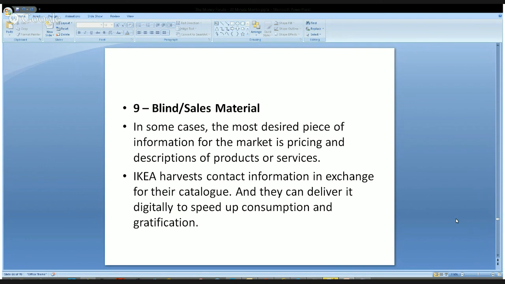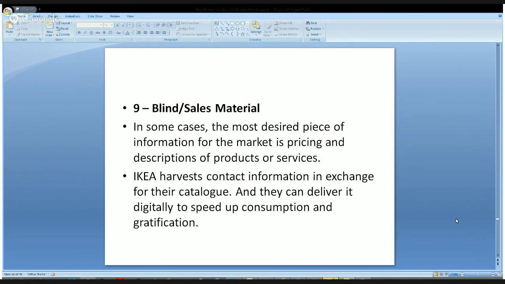I presume you've heard of IKEA. It's grown in the last 20 odd years from nothing to one of the largest furniture suppliers in the world. And they harvest contact information in exchange for their catalogue. Now, they want you to have their catalogue because when you get it, it's starting to sell you.